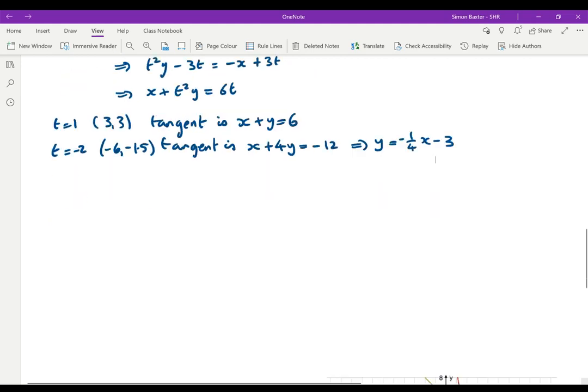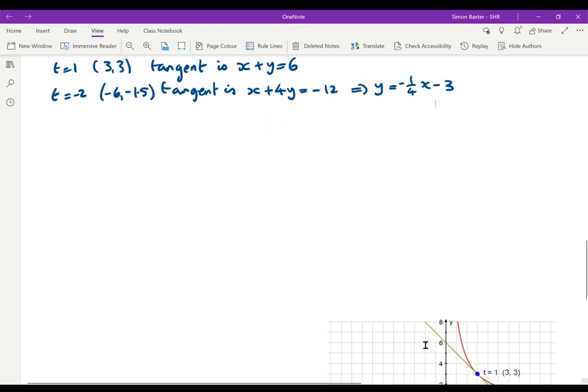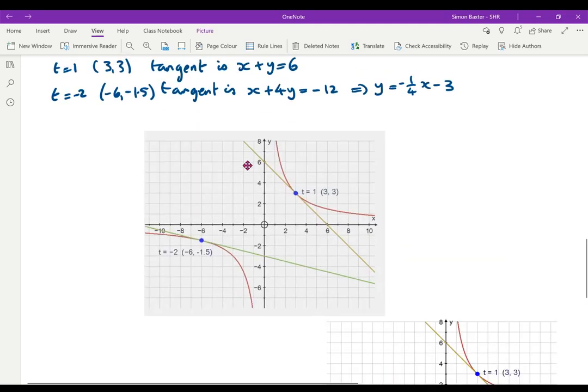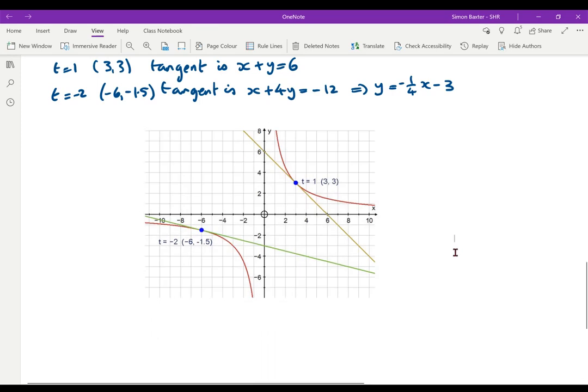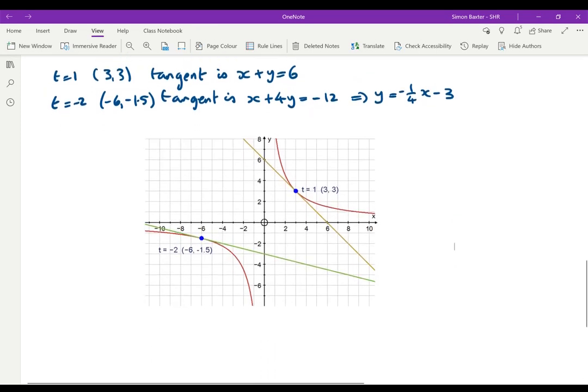In this case, let's have a look and see if that bears out. We have the tangent at 3, 3 when t is 1. The tangent is x plus y equals 6. It goes through 6, 0 and 0, 6.